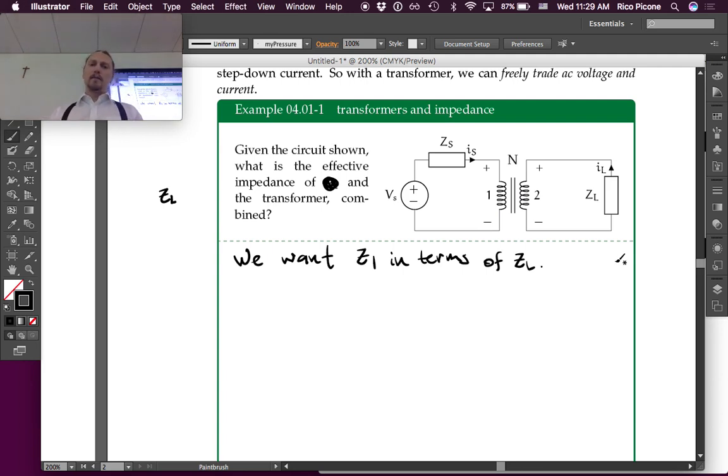And then overall, we got to choose a strategy. And I think that there are a lot of ways you could go about doing this. One way you could do it is you could go through a whole circuit analysis and solve for what VL is and see its relationship to the current through it.